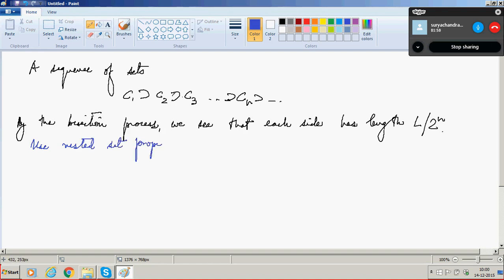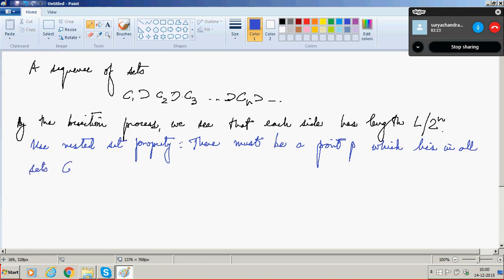See, the squares are closed and bounded, so we can use the nested set property. There must be a point P which lies in all squares or sets, in all sets Cn, right?